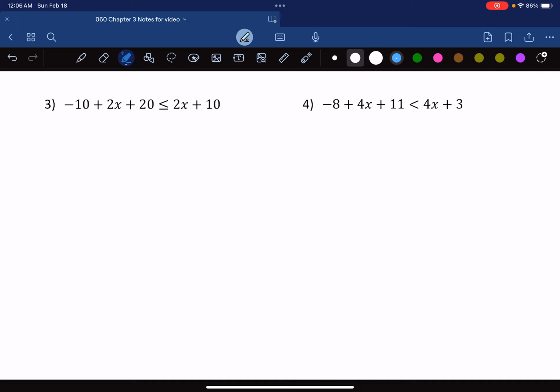For these, we are looking at inequalities, and we are still looking at true statements or false statements. We're going to start with simplifying. We have 2x on both sides.